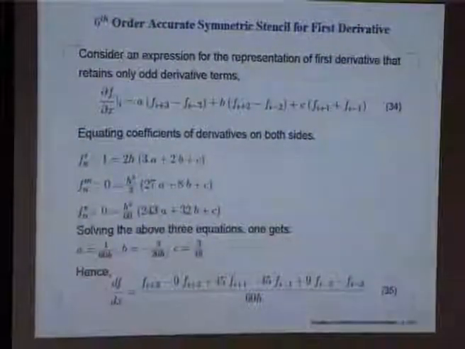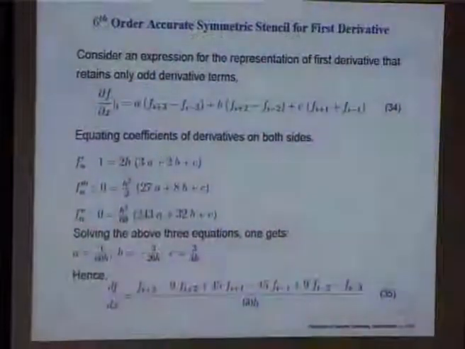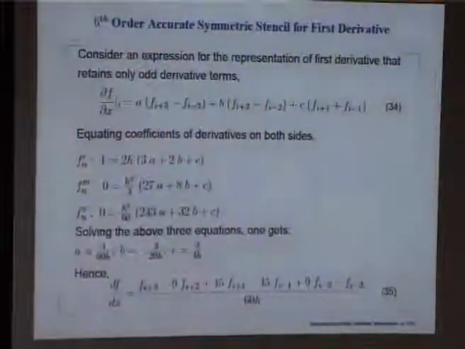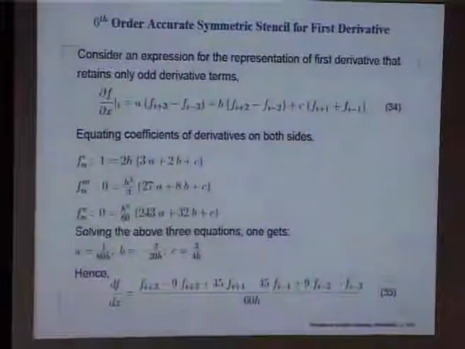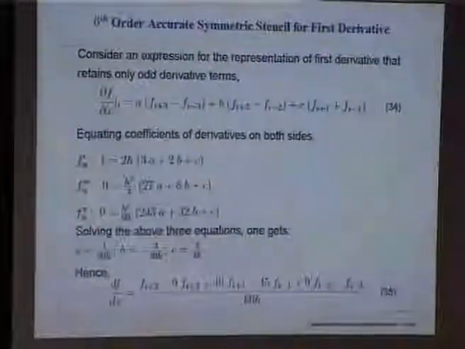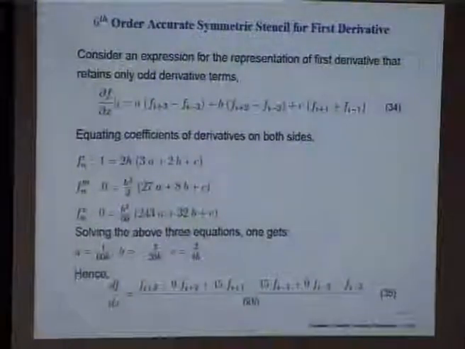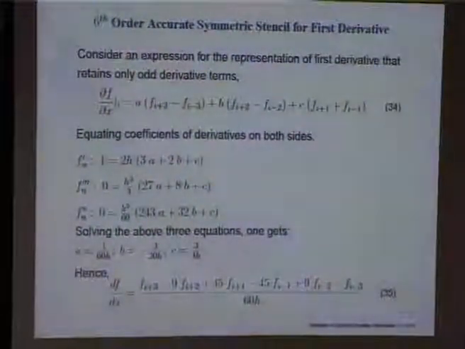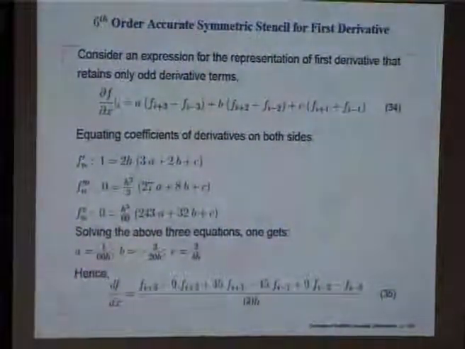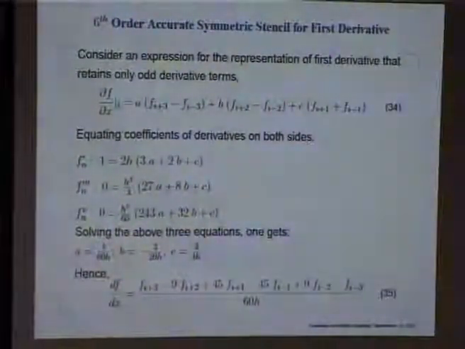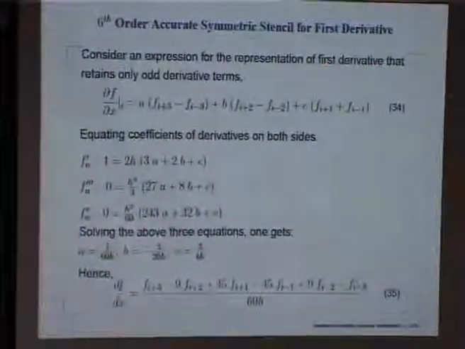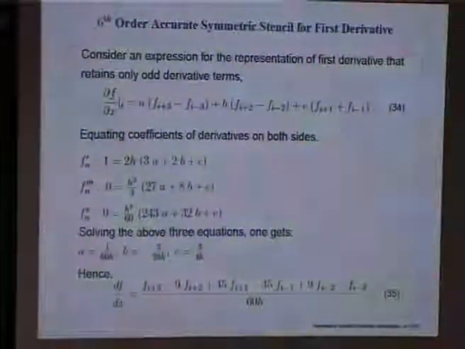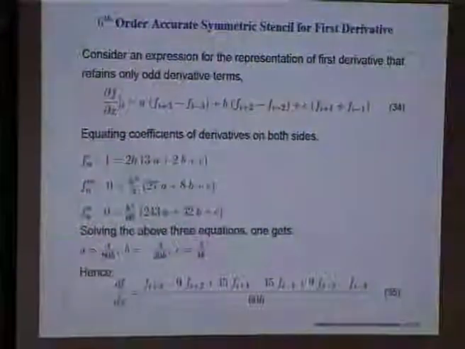So, we are trying to develop an expression where we do not want even derivatives to be there, because they can do both the things that we have talked about. So, we would club them like this. Since the coefficients are 1, all those even derivatives go away, and expand this right hand side, and on the left hand side we have only the first derivative.